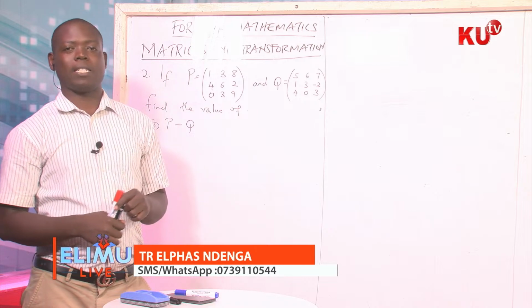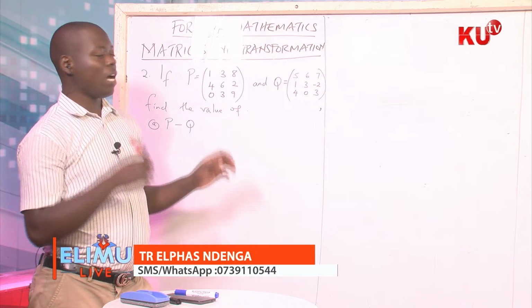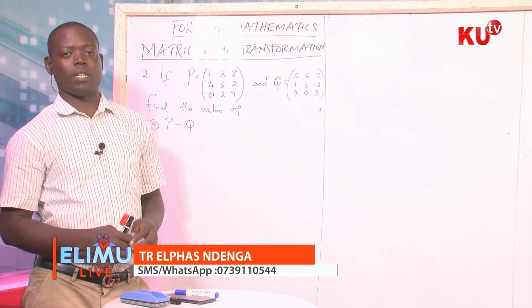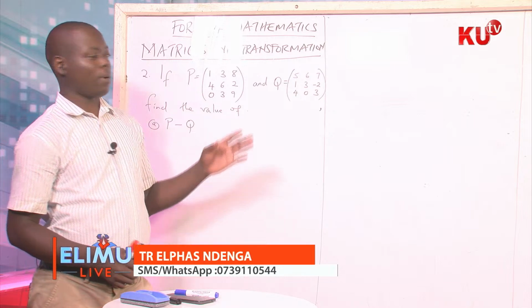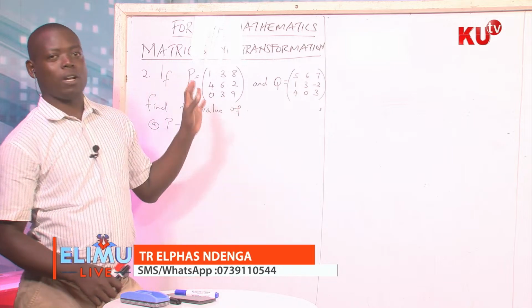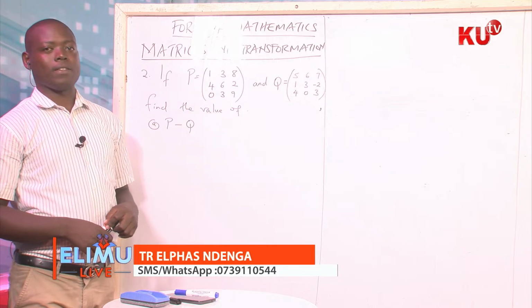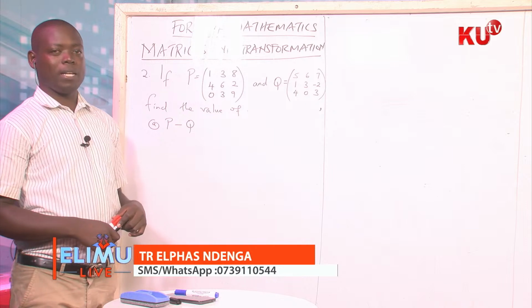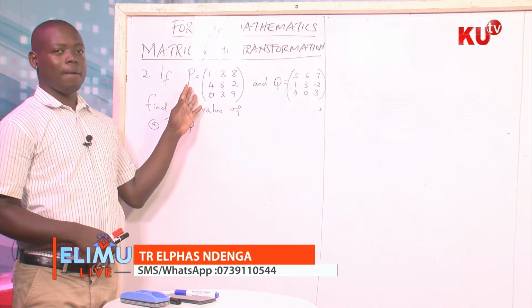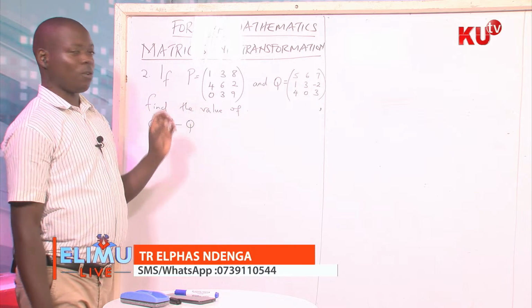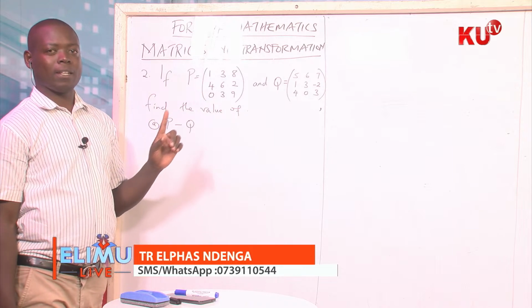Who will help us identify the order of matrix P, students? Yes, the order of matrix P is 3 by 3. Why 3 by 3?